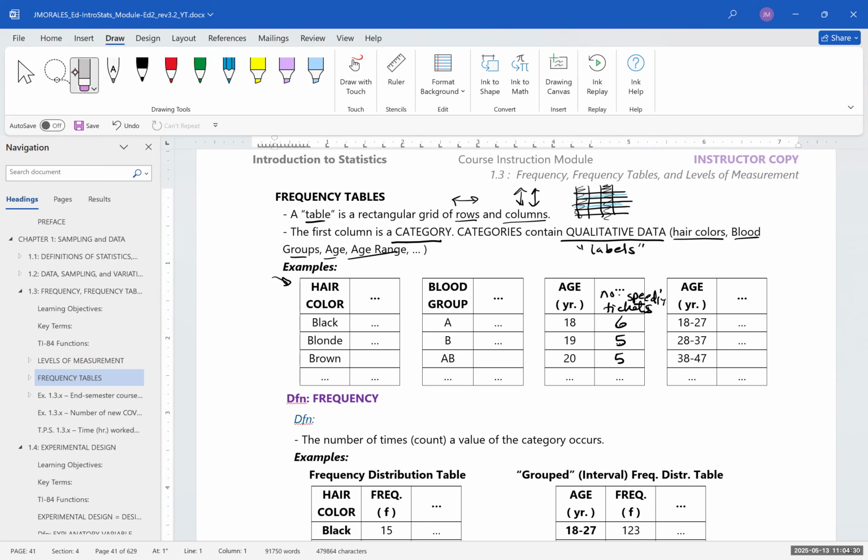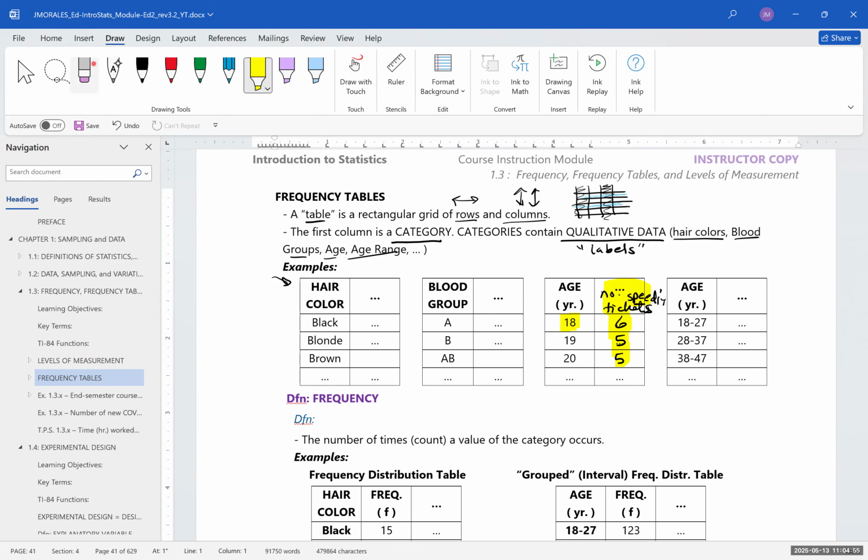So you've got quantitative data here in the second column, right? This is quantitative, which is some kind of measured amount. And so this number 18 is being used more as a category and not so much as observational data. Okay.